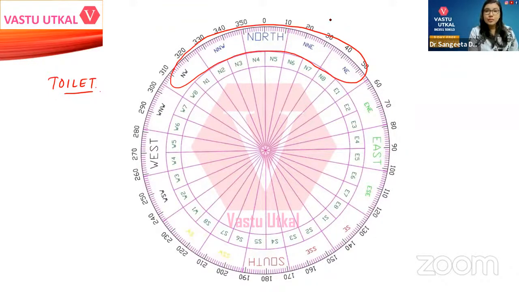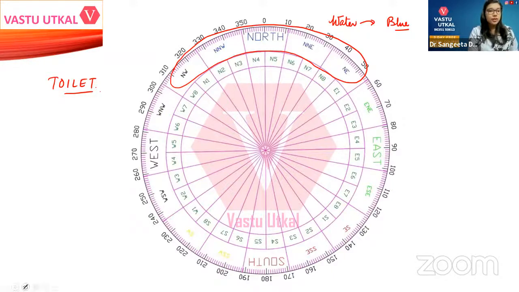So what is that element which is predominant over here? That element is water. So what is the color of this element? You know it in class 1 itself, that is blue. So you have to use blue color for those directions which are predominantly governed by water. Clear?